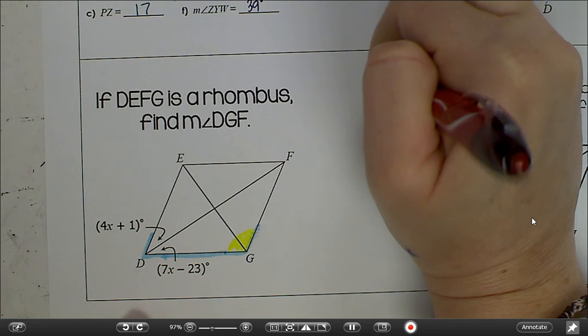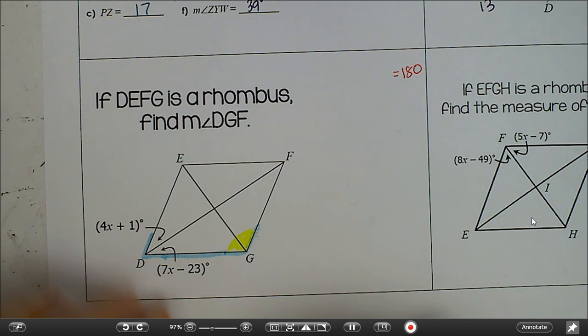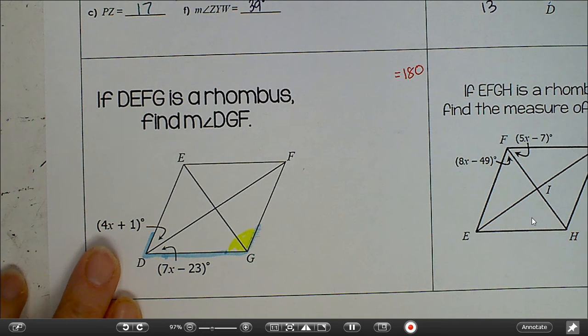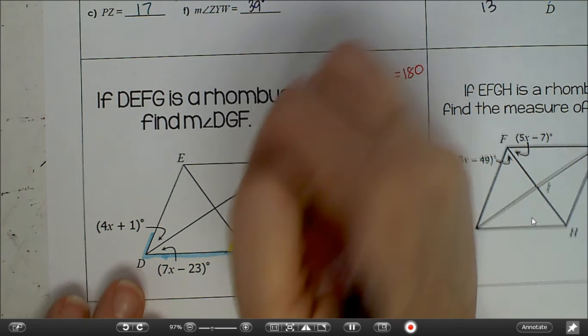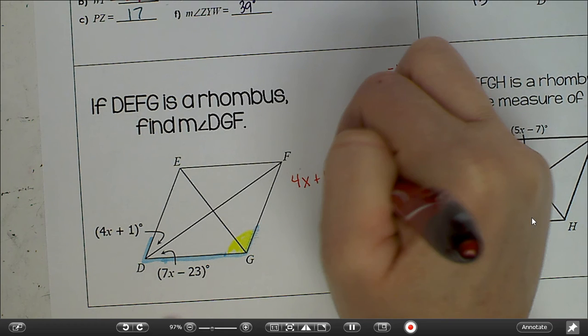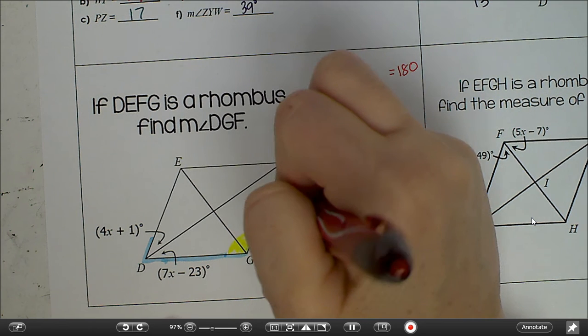So I know it's going to have something to do with 180. But first we need to figure out x. And what do the diagonals do to the angles of a rhombus? They bisect it, and bisect means cut in half. So these two pieces are congruent, equal. We're going to solve for x.